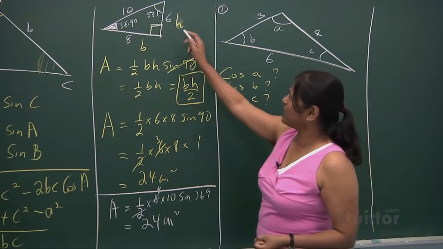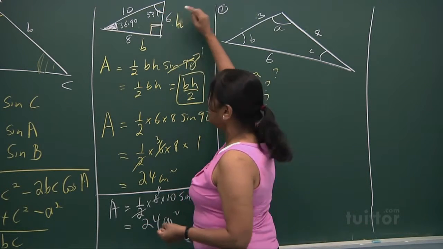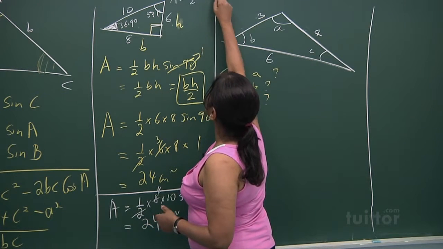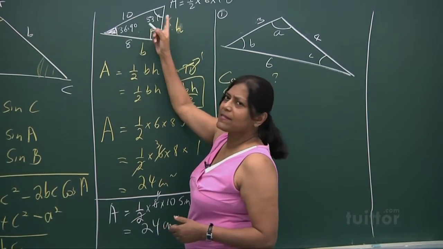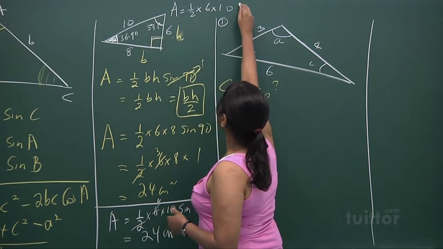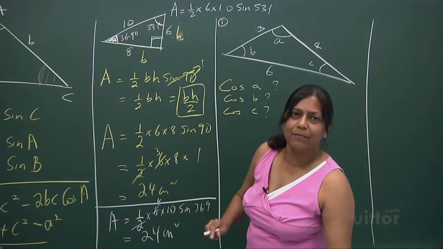Next, if I were to take these two sides here and this angle, what will the area of the triangle be, please? Half times 6 times 10. They are the sides of the triangle. The angle between them is 53.1. Test it, my dear.